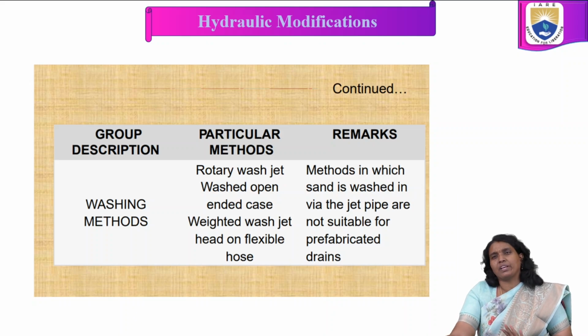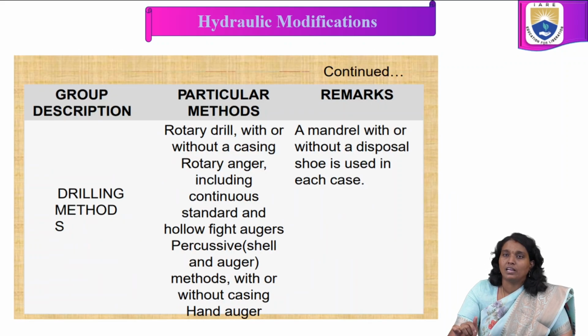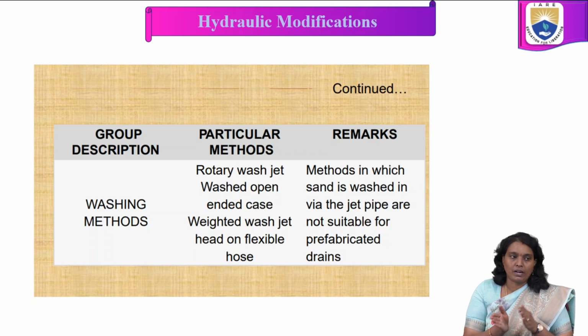So whenever prefabricated drains are suitable, we use the drilling methods as well as the displacement method, with the mandrel as equipment. Where the soil is not suitable for the prefabricated drain, we use these washing methods.